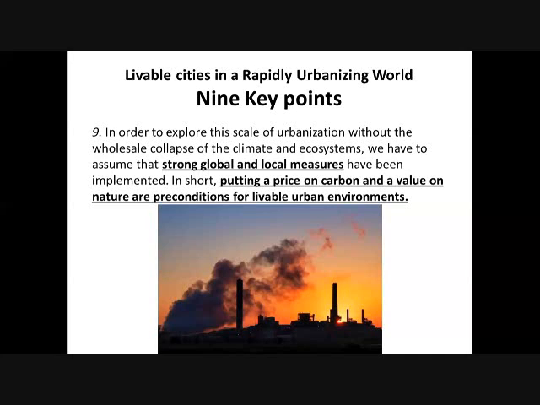So putting a price on carbon and a value on nature are preconditions for livable urban environments. We cannot keep doing what we used to do. We have to stop, pause, think, and then find other solutions.